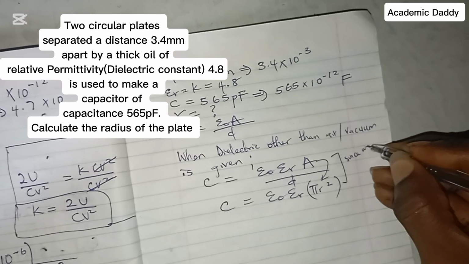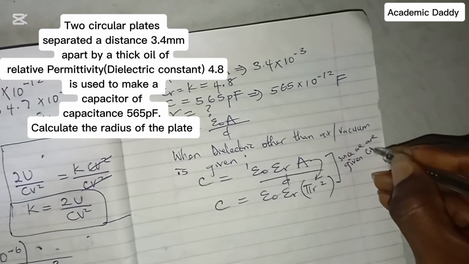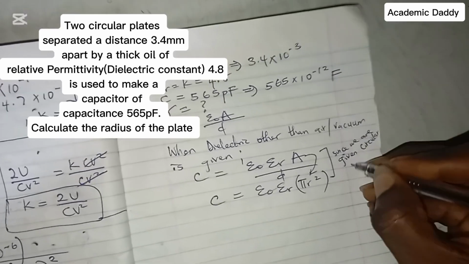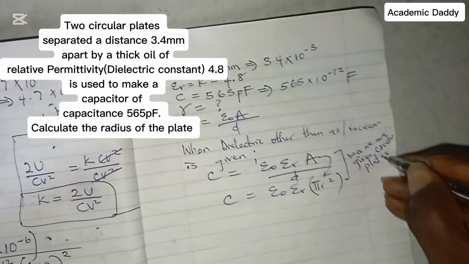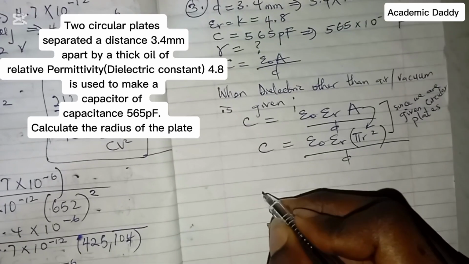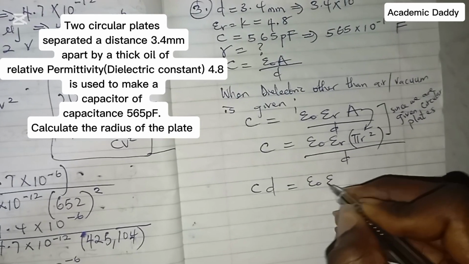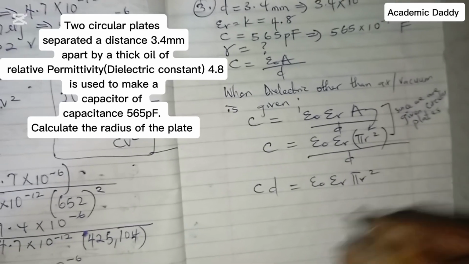Since we are given circular plates, that means that we now say CD will be equal to E naught ER pi R square.